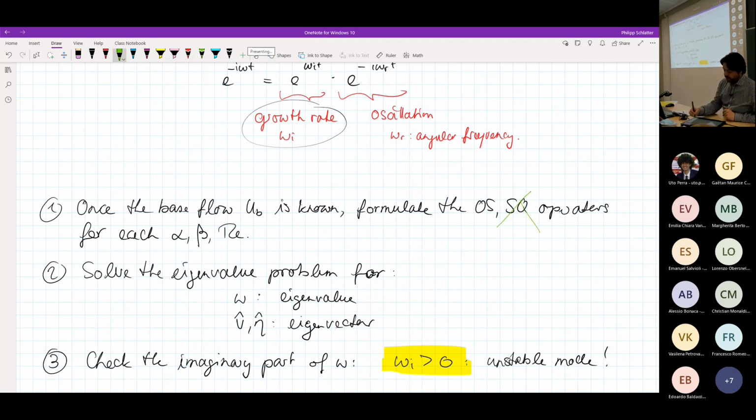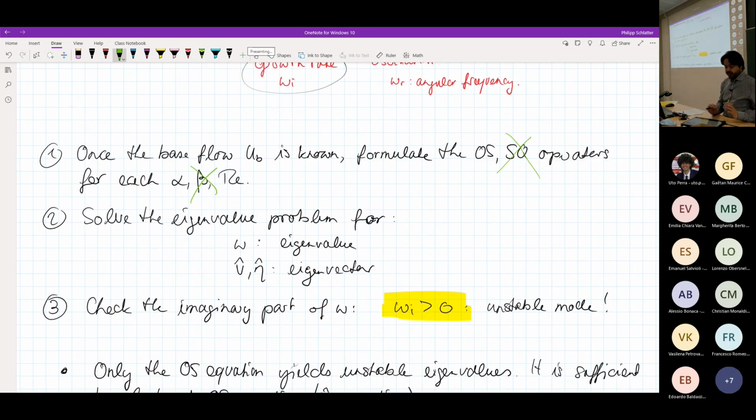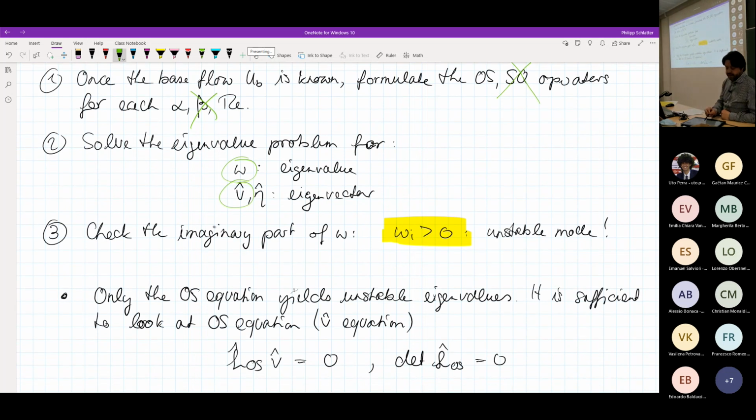So I can take away the Squire equation, and I can take away the beta, because I know it's not needed. The second step is I solve the eigenvalue problem for omega and v hat. I don't need to solve it for eta because I don't have the Squire equation. So it's a 2D solution. And then at the end, I check what my eigenvalues look like.